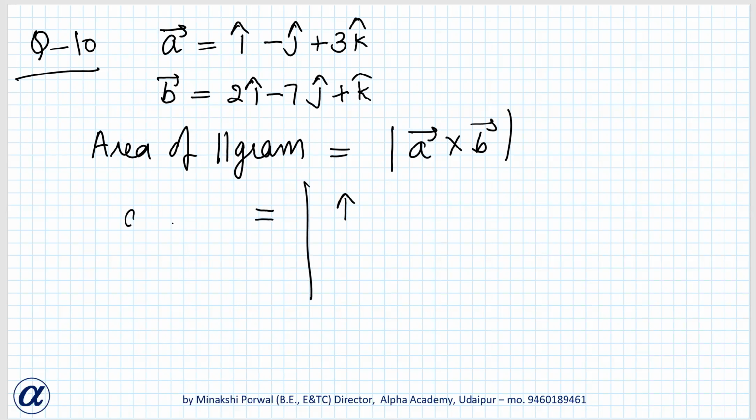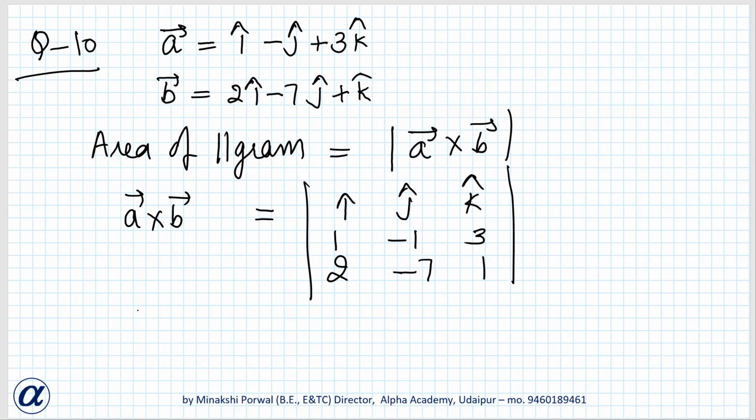So we have to first of all find the cross product. A cross B is i, j, k, 1, minus 1, 3, 2, minus 7, 1. So this is equal to minus 1 plus 21, that is 20i cap, minus j into 1 minus 6, that is minus 5j, plus k into minus 7 plus 2, that is minus 5k.